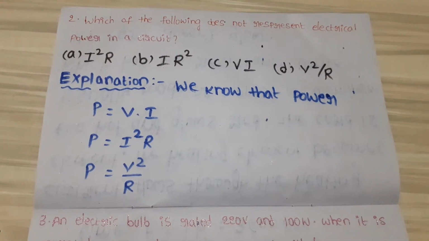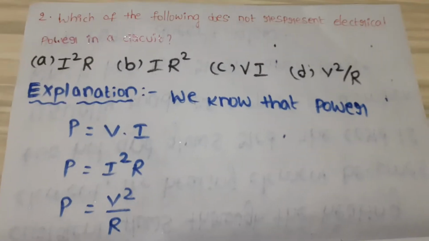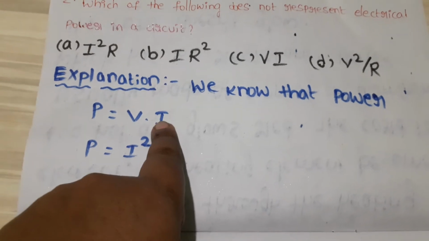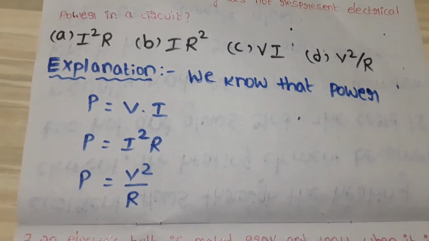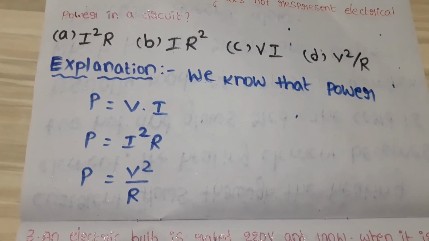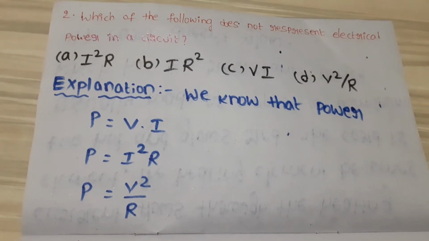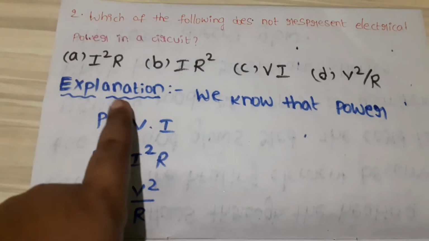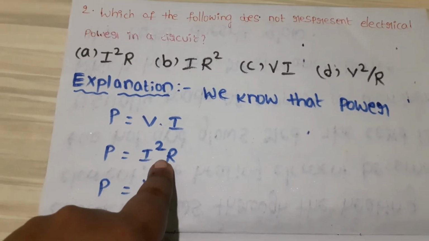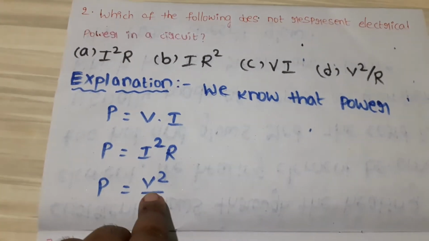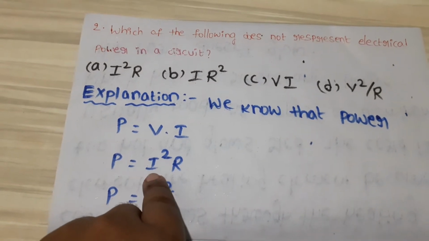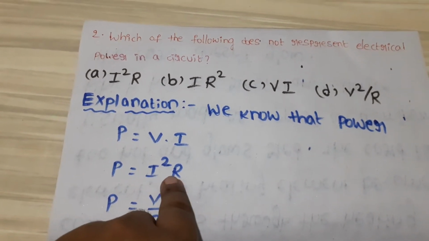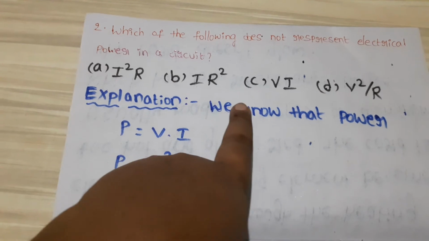Next formula, P equals V square by R: substitute I equals V by R, so P equals V square by R. So option A, I square R, is one of the formulas. Option B, I R square, is the wrong option.